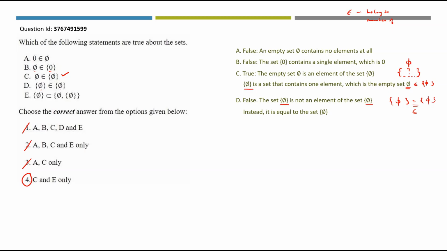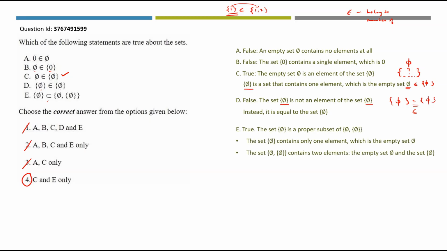What about E? This symbol is actually proper subset. Say for example, if we have 1, 2 here and we have only 1, this will be the proper subset. This element can be one of the elements in RHS, but it should not be equal to RHS. Now just take E. This set is a proper subset of this particular set.